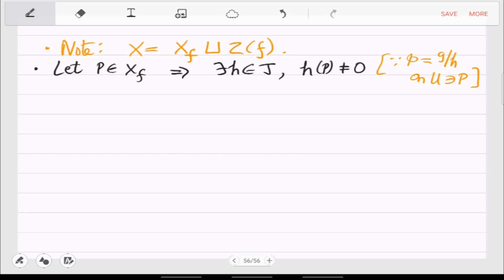This is just parsing through the definition and the hypothesis.